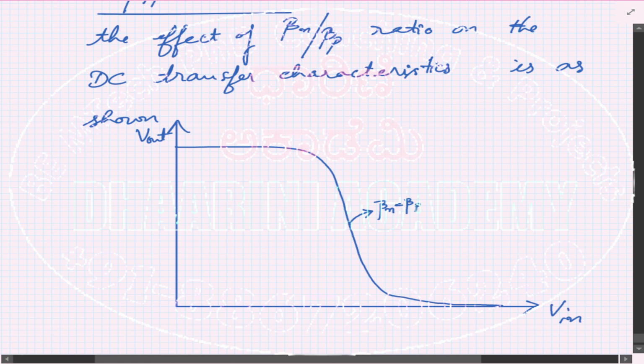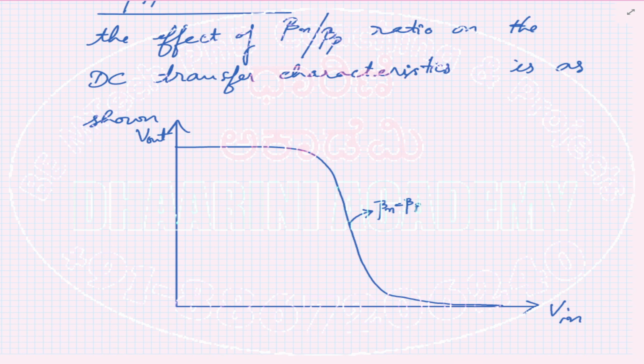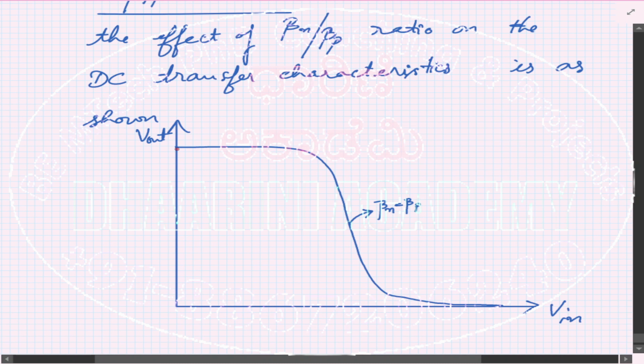Now if you make beta n equal to 10 times beta p, or beta n by beta p equals 10, you increase the ratio, and your curve will be like this. Beta p can be moved to the right hand side, so beta n is equal to 10 beta p.